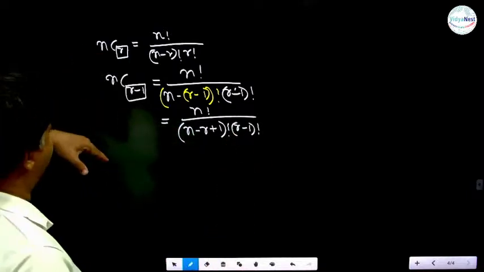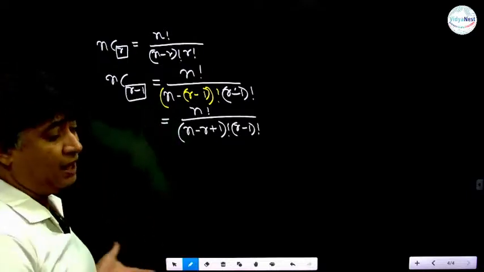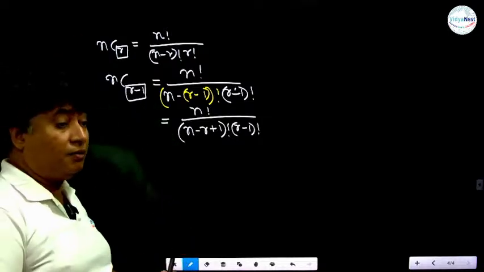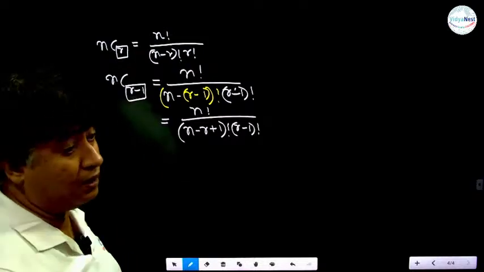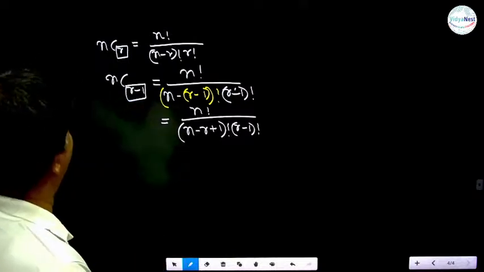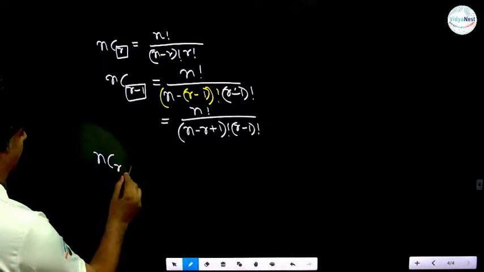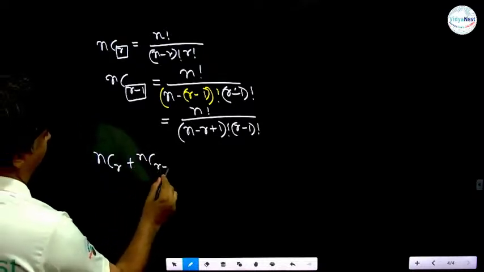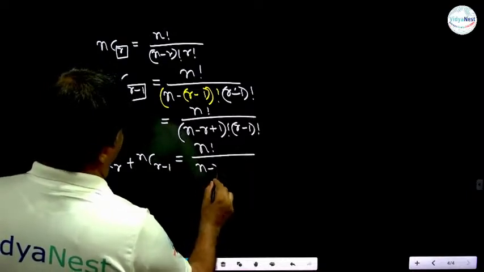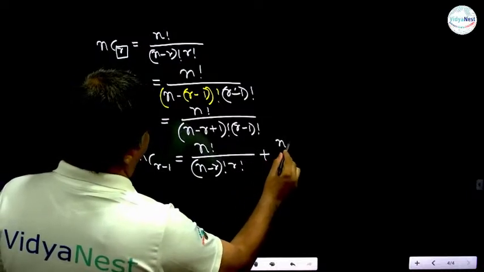Now add. You can ask me why we are adding. Just spending time? No. We are going to establish one important property from which you can expect a sum in JEE, and obviously it has a deep relation to binomial. So let us add this. NC(r minus 1) is factorial n by (n minus r plus 1) factorial, factorial (r minus 1), plus this.